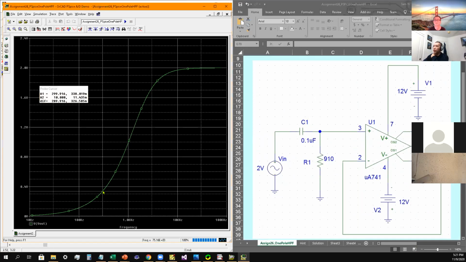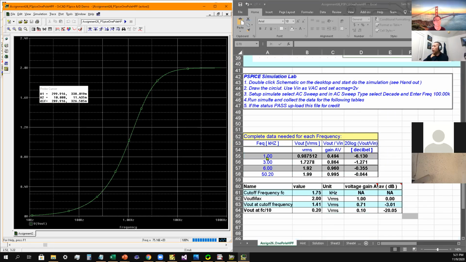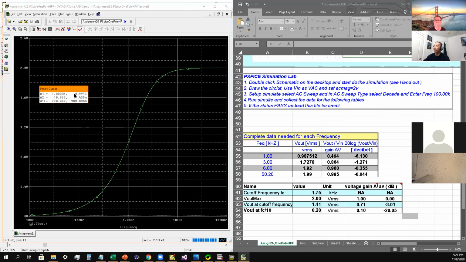If you look at the frequency, like here, if we're looking at one kilohertz, so if I move my cursor until I hit 1 kilohertz, this is my output right here. It's 0.9953 volt VRMS. Okay.